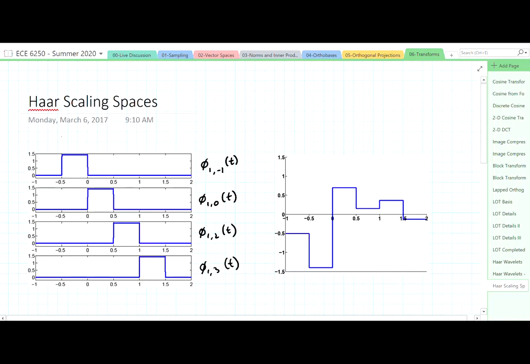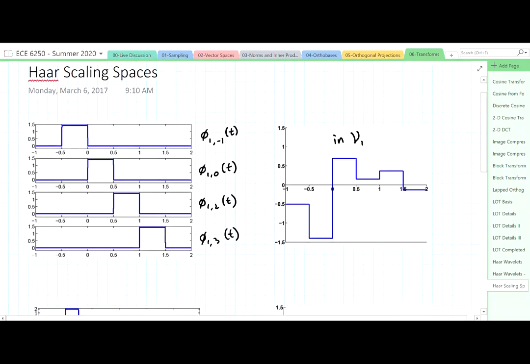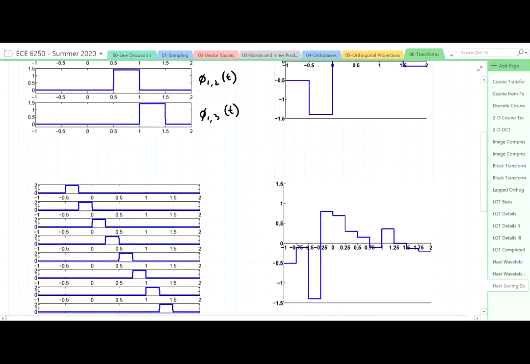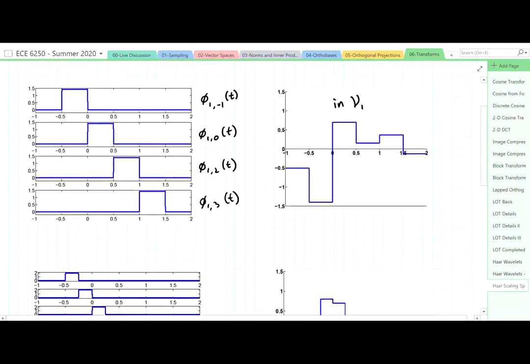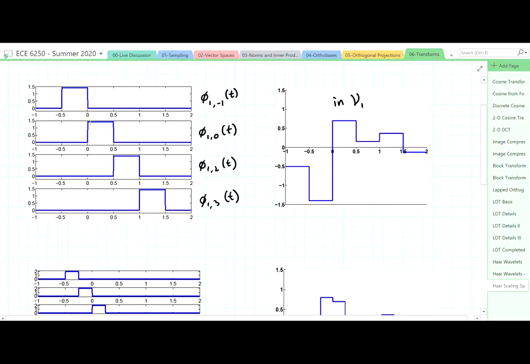Okay. And then over here we have a signal in V1. So notice the height on these signals. It's almost 1.5.